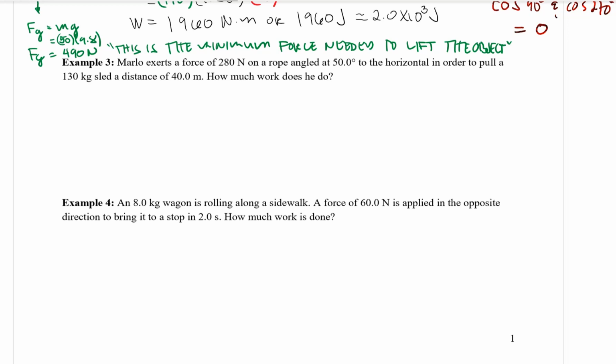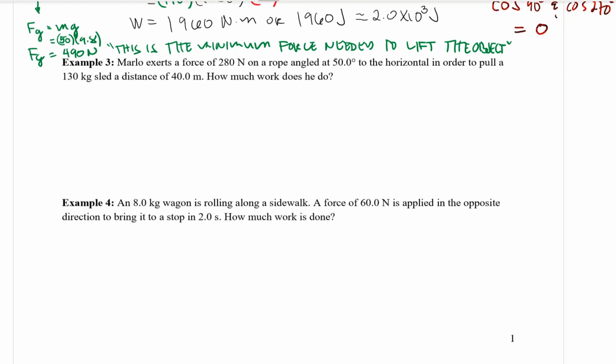Example number 3. Marlo exerts a force of 280 newtons on a rope angled at 50 degrees to the horizontal in order to pull a 130 kilogram sled a distance of 40 meters. How much work does he do?